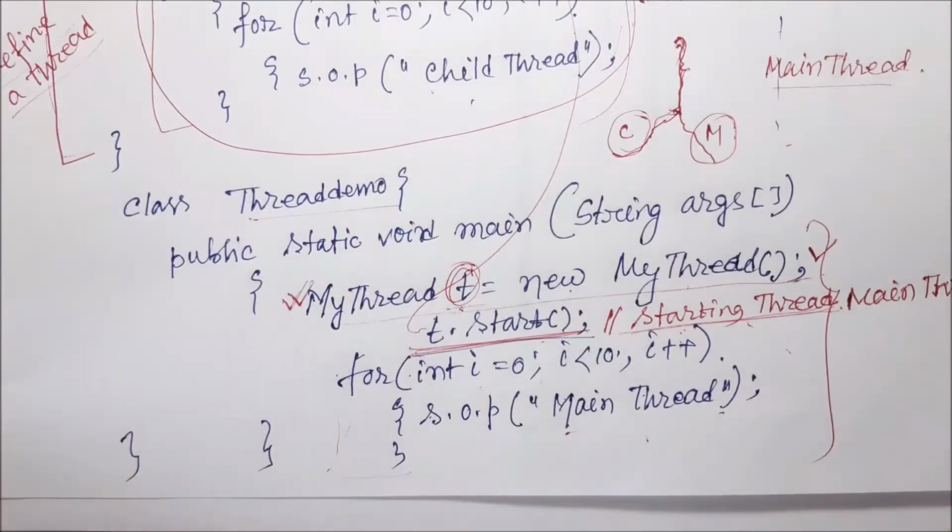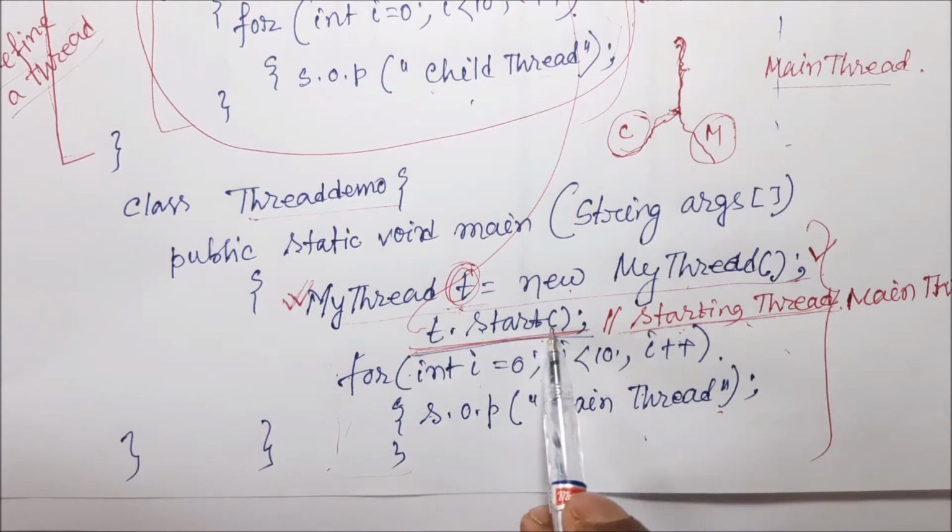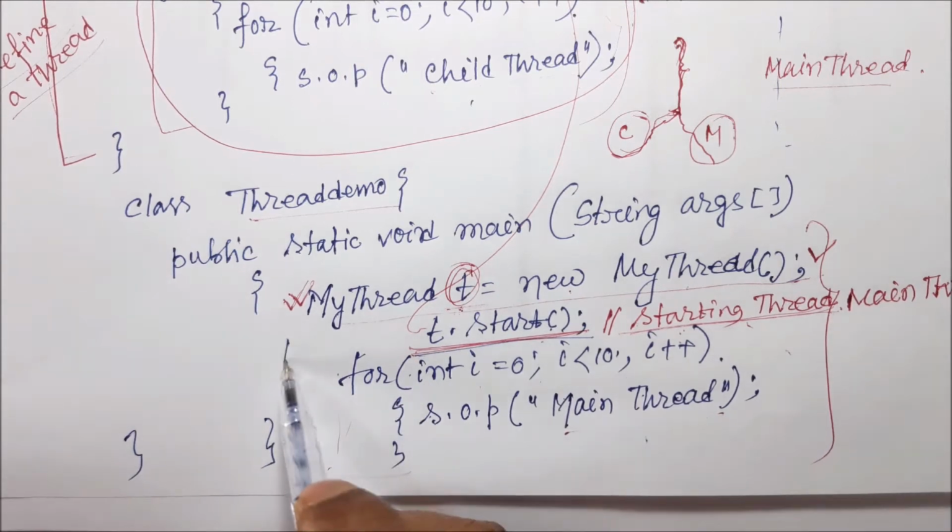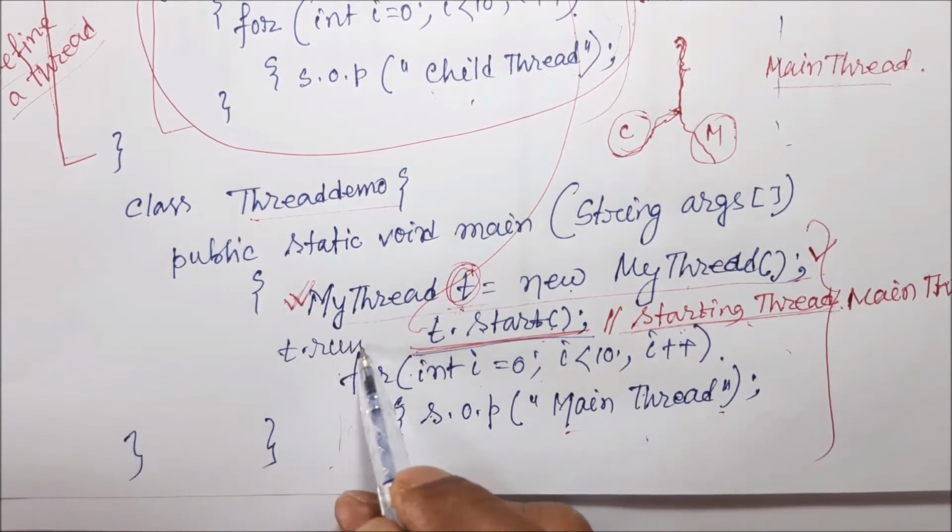Look at this example. When we start a thread, we just call the T dot start method. So, we call the start method. If I write T dot run method instead of T dot start method, what will happen?